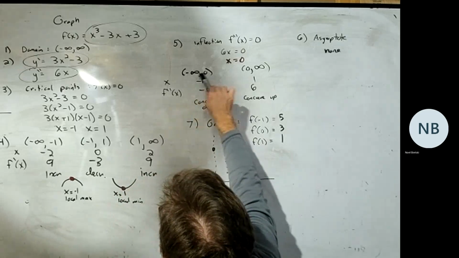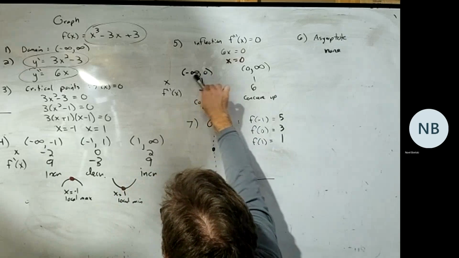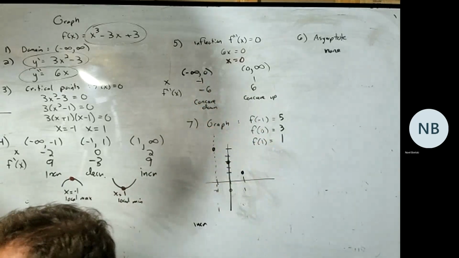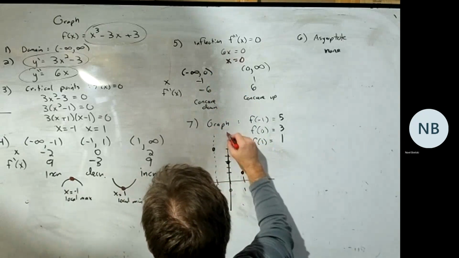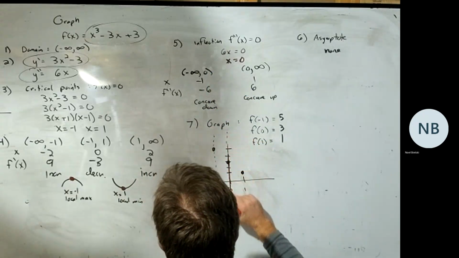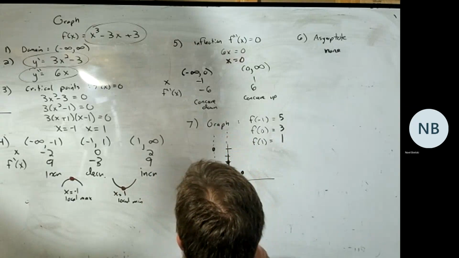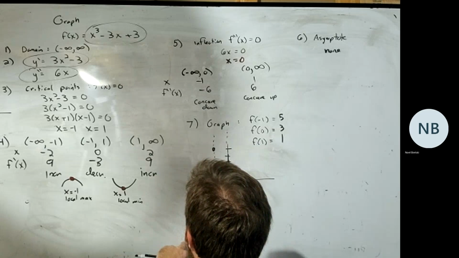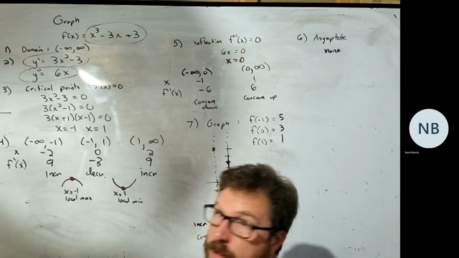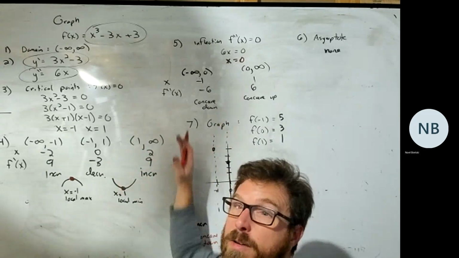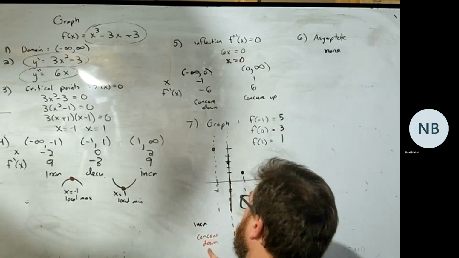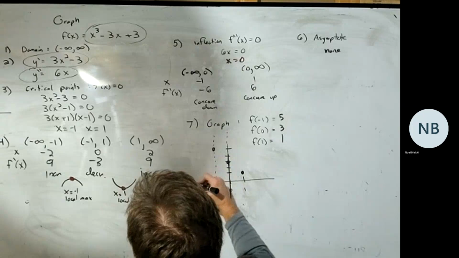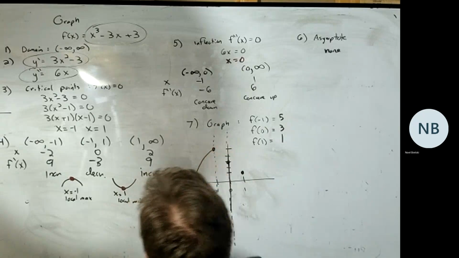And from -infinity to 0, to the left of this dotted line, it's going to be concave down. So increasing concave down means it's going to look like this.